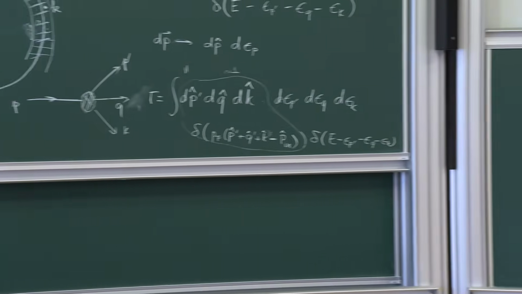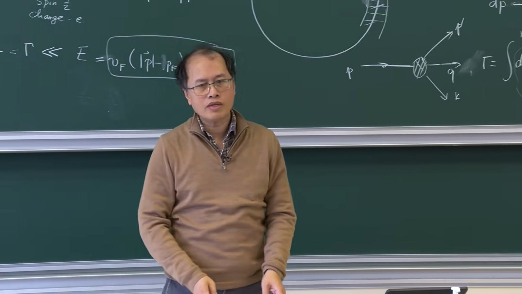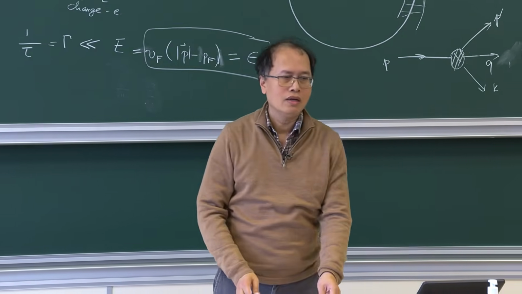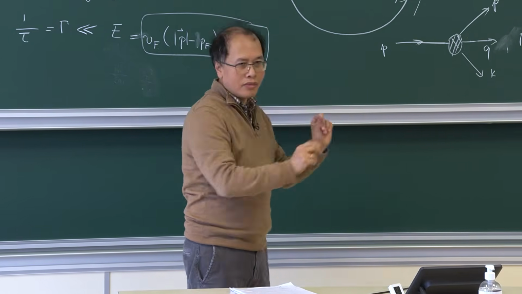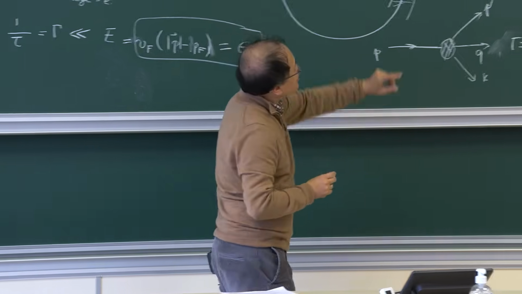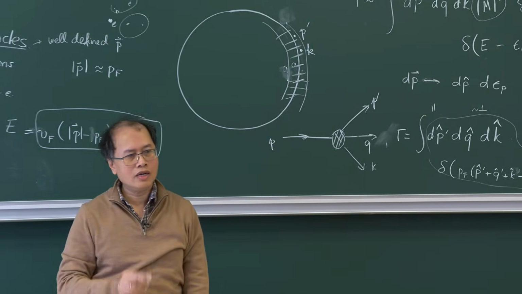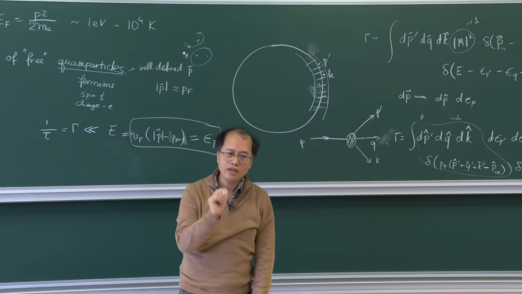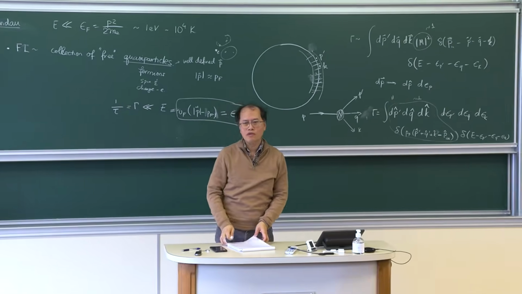So Landau theory, this picture of interacting quasi-particles, is self-consistent. That is, if we assume well-defined quasi-particles, then they interact through some vertex of interaction. Assuming that this interaction is short range, it can be modeled by some regular function of the momentum.